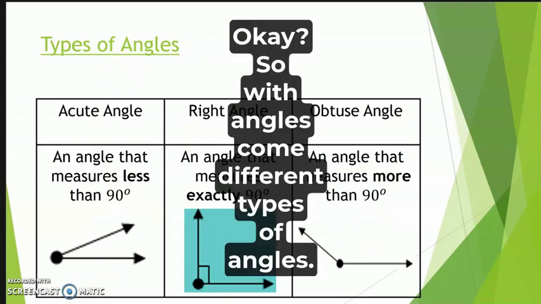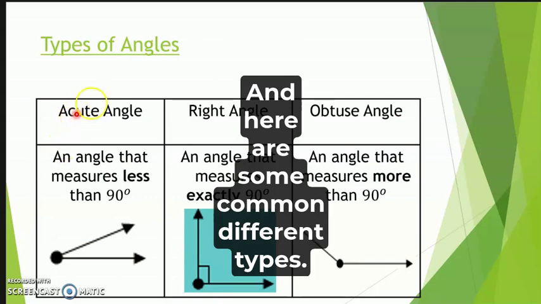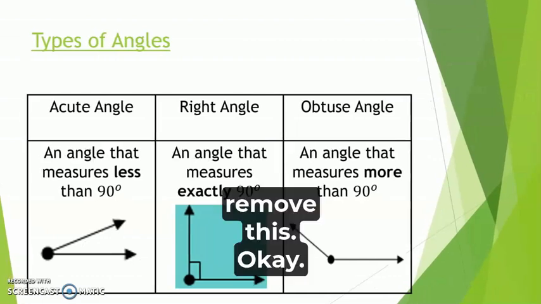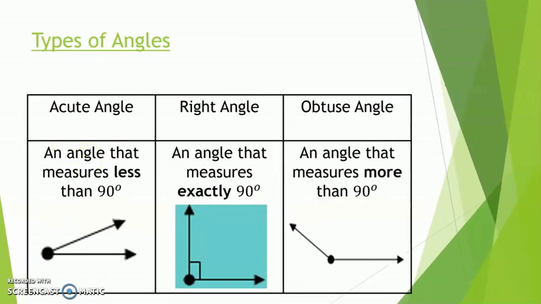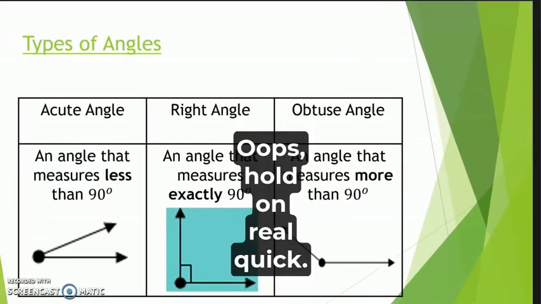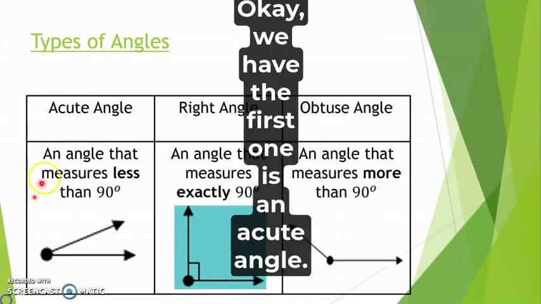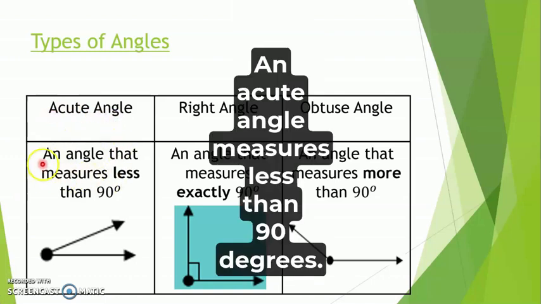Okay, so with angles come different types of angles. And here are some common different types. The first one is an acute angle. An acute angle measures less than 90 degrees.